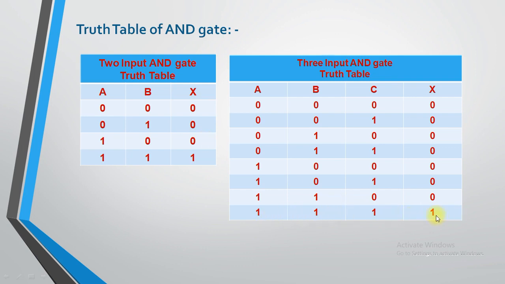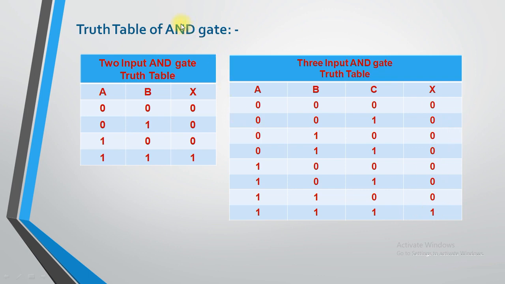Similarly, in this truth table of the AND gate with 3 inputs, in the last row all the inputs are high, that means 1. So here you will get 1. In the rest of the cases you will get 0. Right?